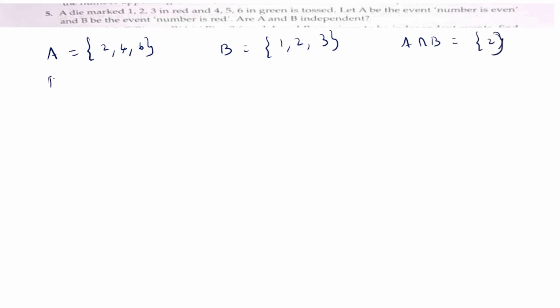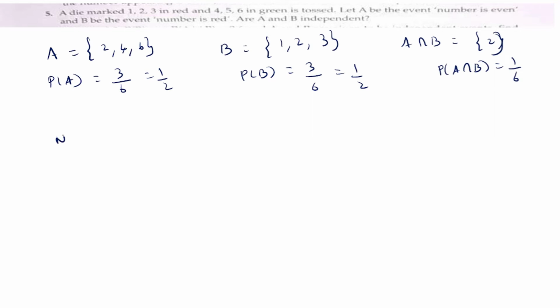So probability of A is equal to 3 by 6, which is half. Probability of B is again equal to 3 by 6, which is half. Probability of A intersection B equal to 1 by 6. Now probability of A into probability of B is equal to half into half, which is 1 by 4.